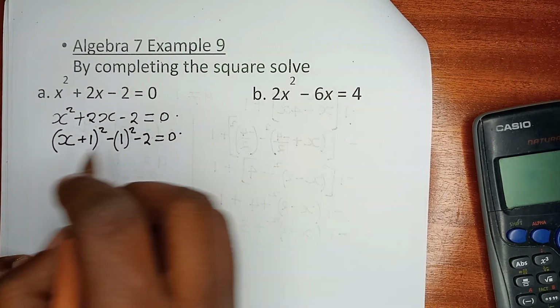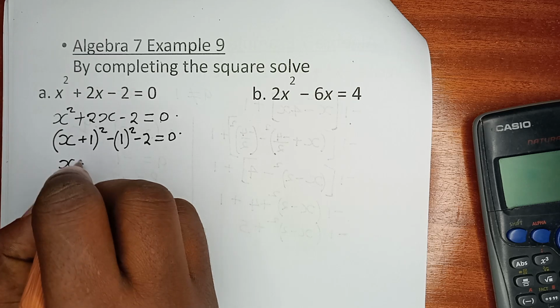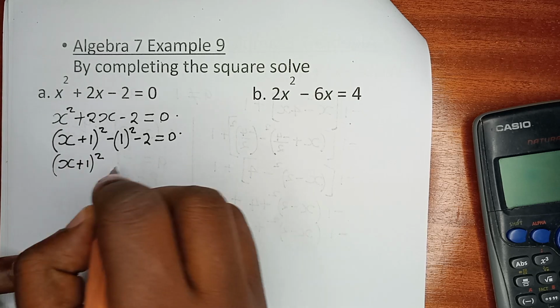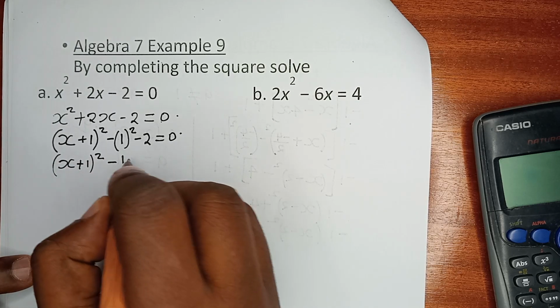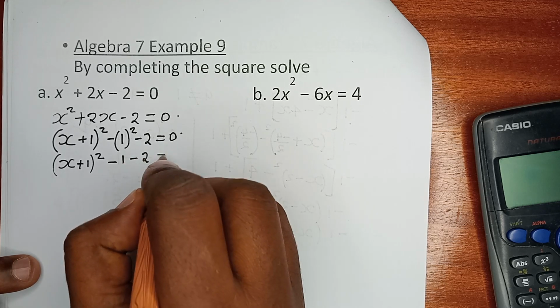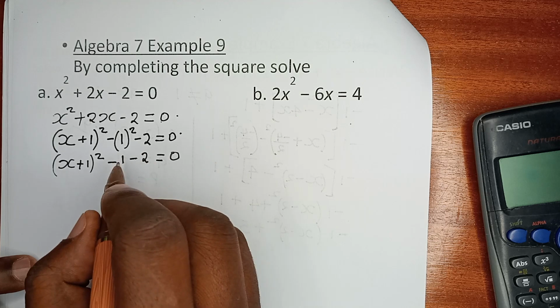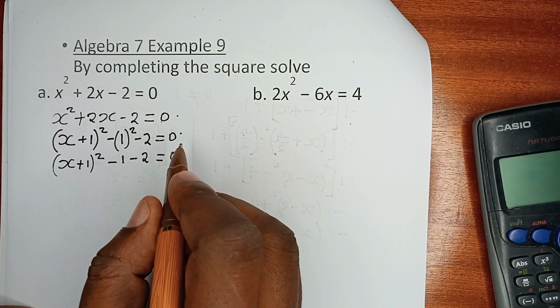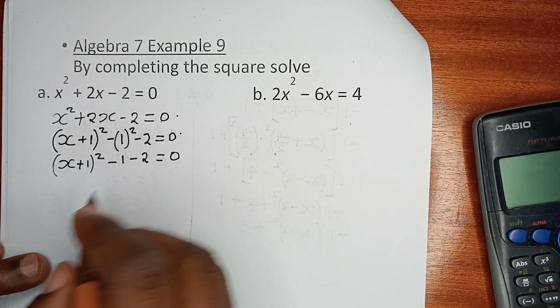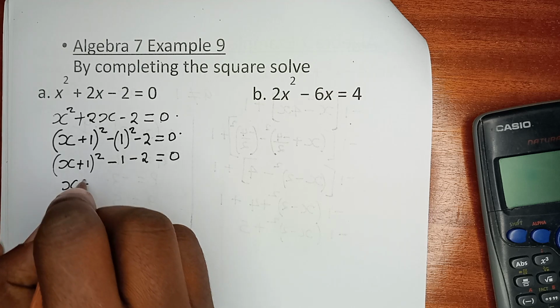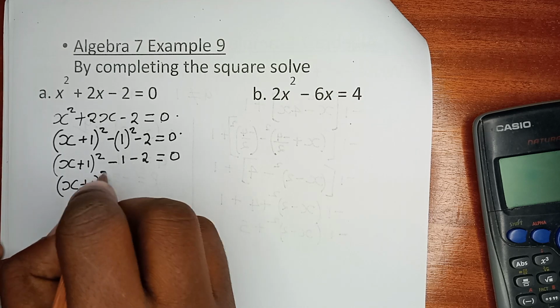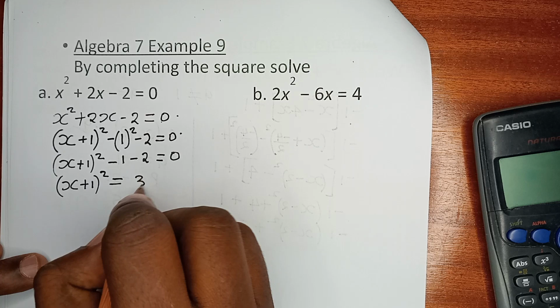Therefore, we have (x plus 1) squared minus 1 minus 2 equals 0. This combined is minus 3, and when we take it to the other side, it becomes positive 3. So (x plus 1) squared equals 3.